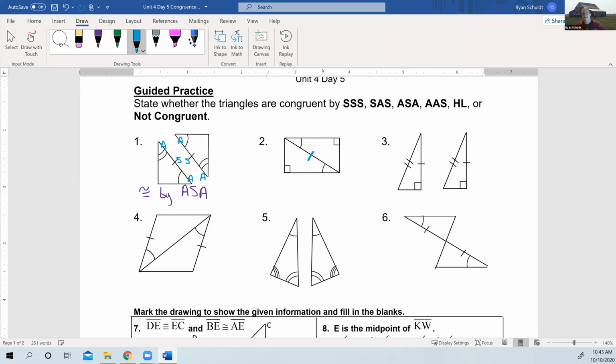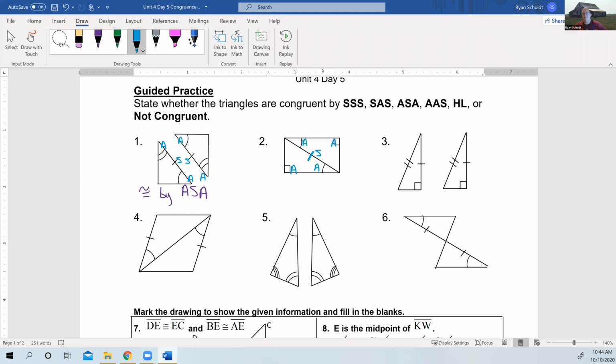They have that side in common. But let's see. We have an angle here. They're both right angles. We've got another angle, and then we've got a side. For hypotenuse leg to work, even though I said it only works with right triangles, I have to have two sides of the right triangle.